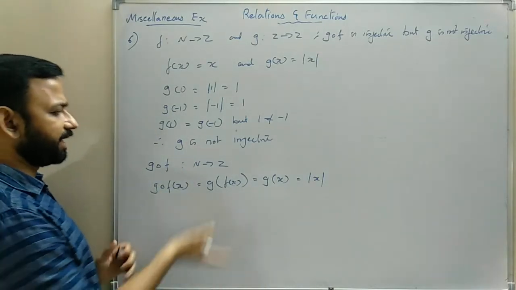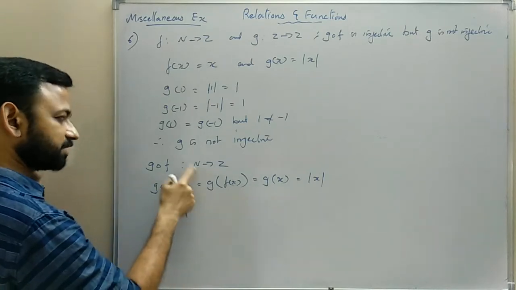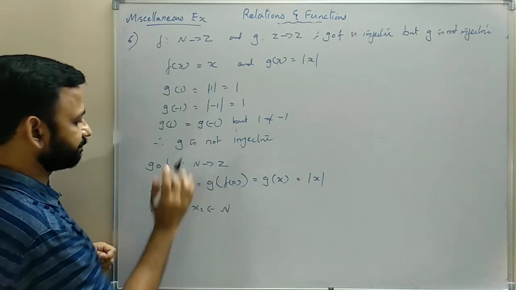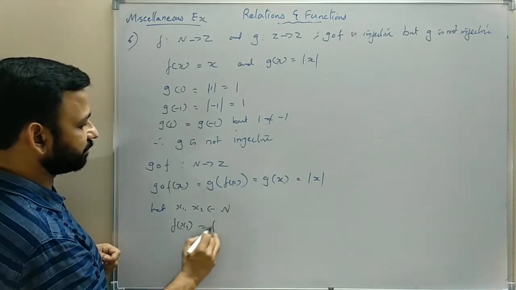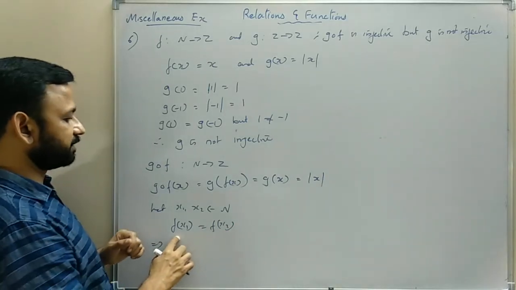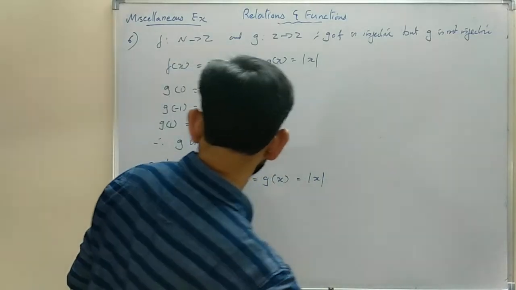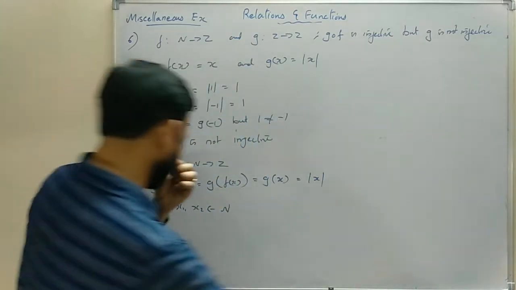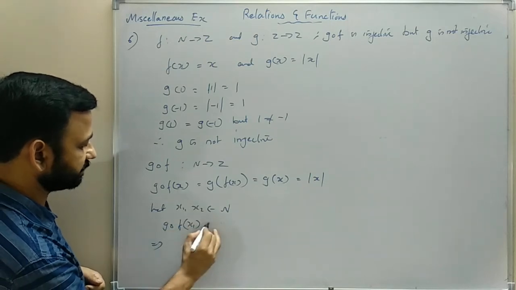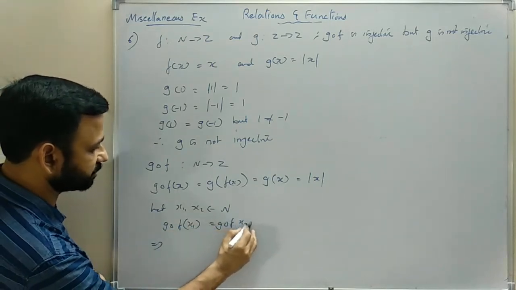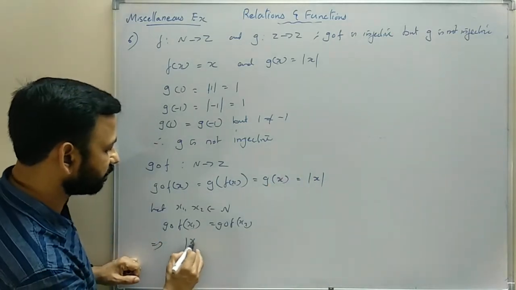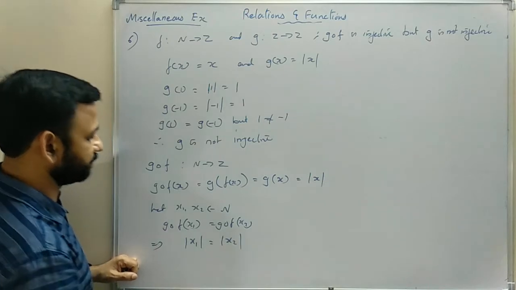When we take any two natural numbers x1 and x2 belonging to N, we have to show that g composition f is one-one. g composition f of x1 equal to g composition f of x2 implies modulus of x1 equal to modulus of x2.